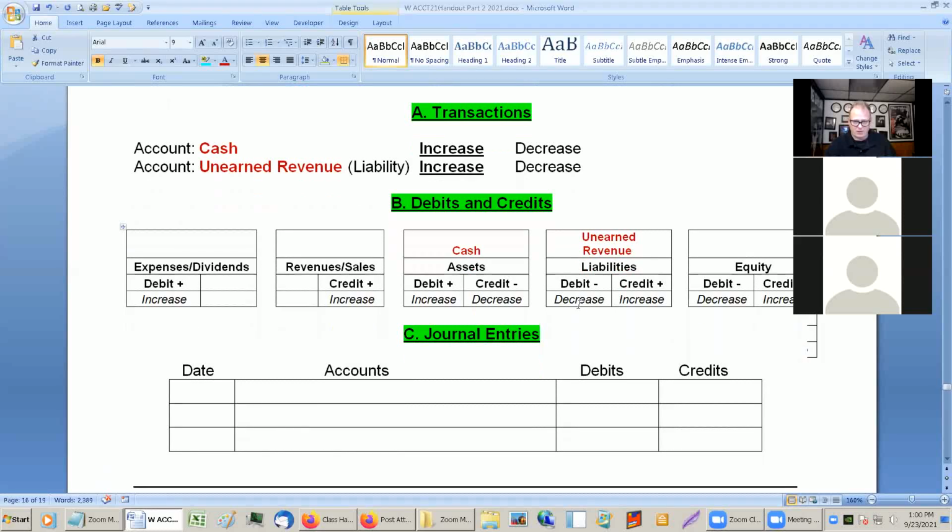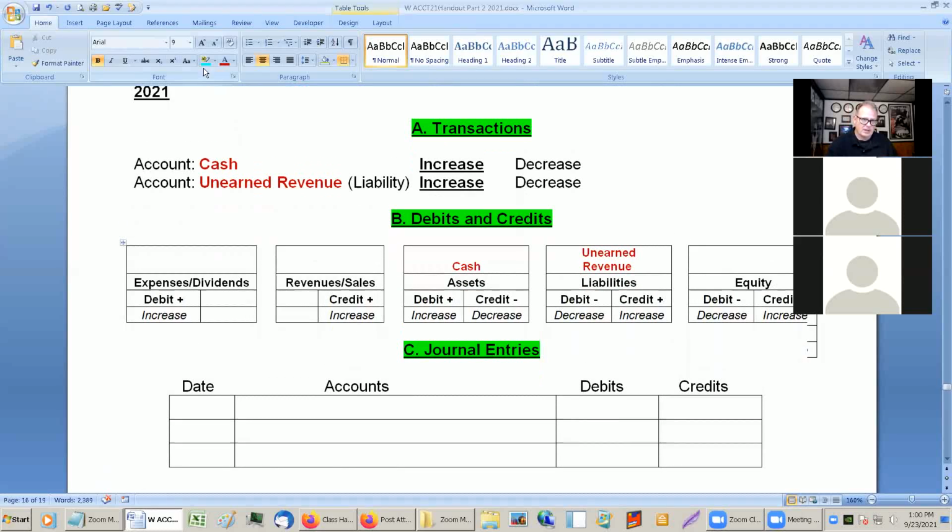Like I say, it's kind of like getting a loan from the bank. So cash is going to increase, and this unearned revenue is a liability. It's an unfortunate term for it. It should be called like customer deposits or something.